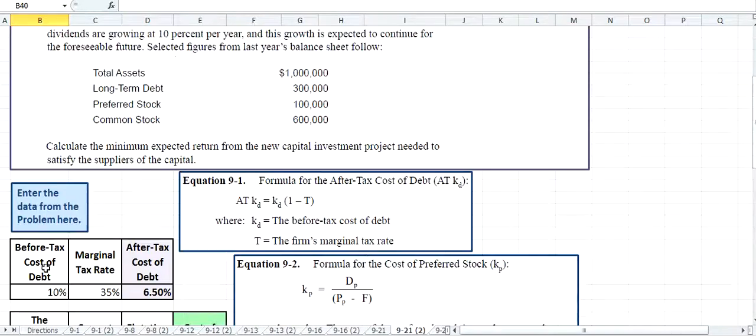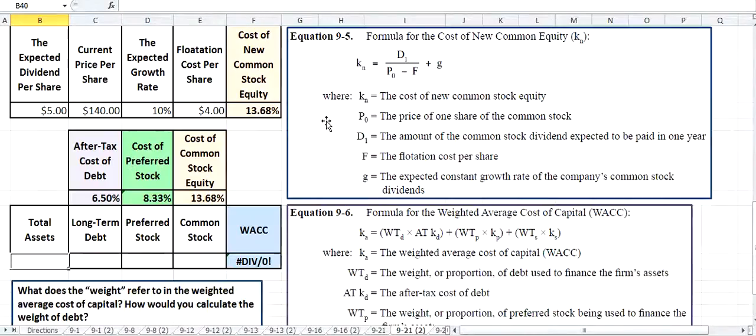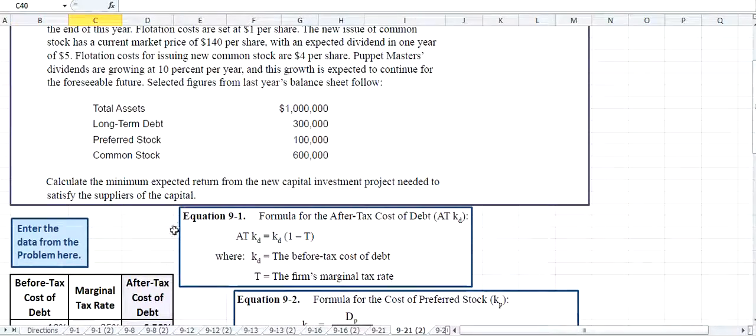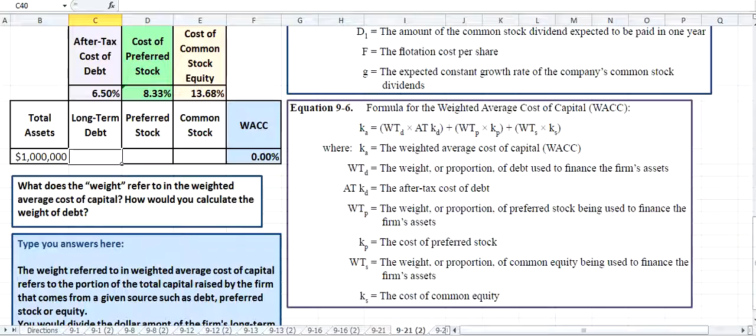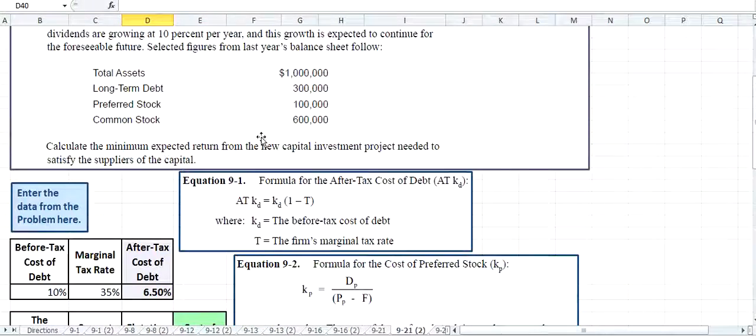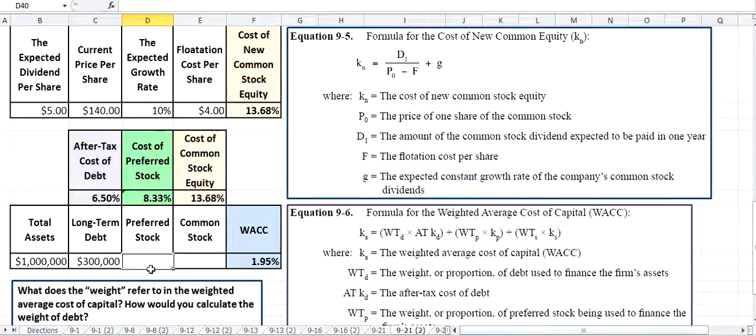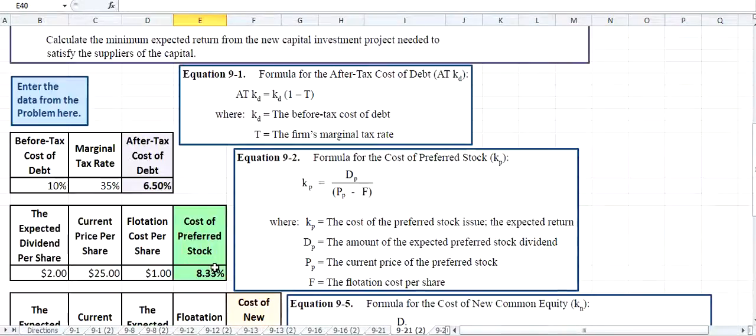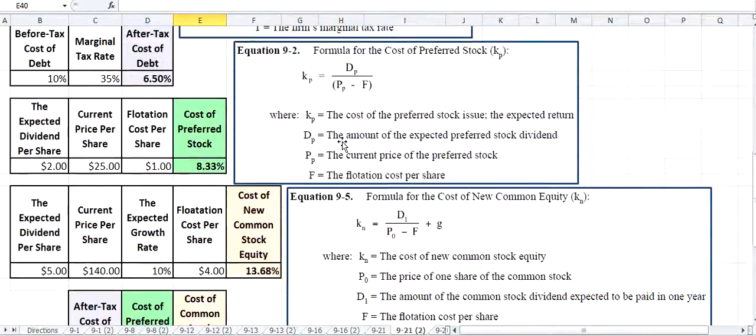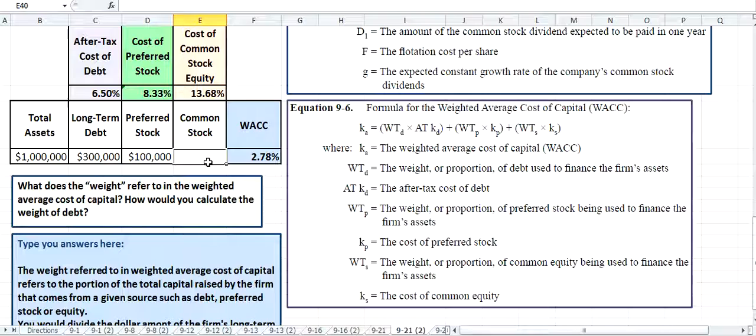Total assets is 1 million. Our long-term debt is 300,000. Our preferred stock is 100,000. And our common stock is 600,000.